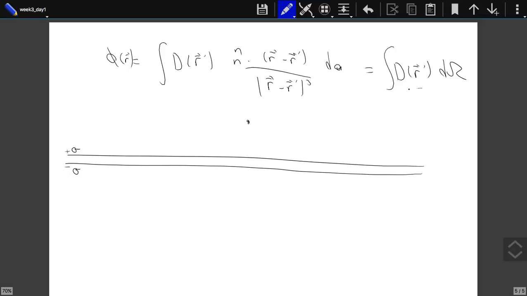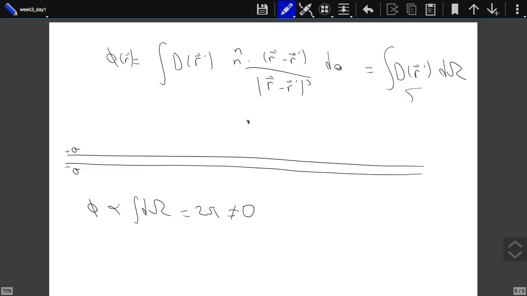Well, let's see. The dipole density is constant. So phi is proportional to the dipole density, which is constant, times the integral of d omega. The integral of d omega is 2 pi. Now, it is definitely not zero.